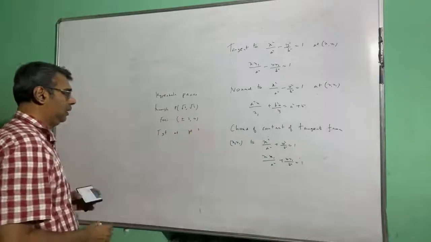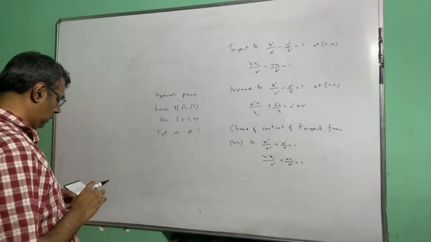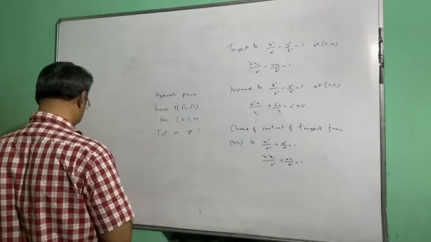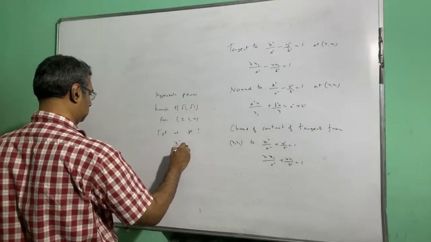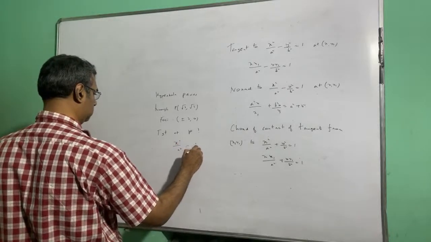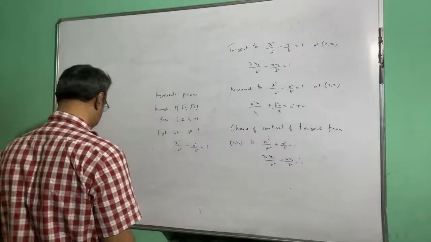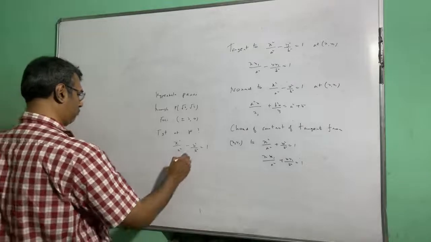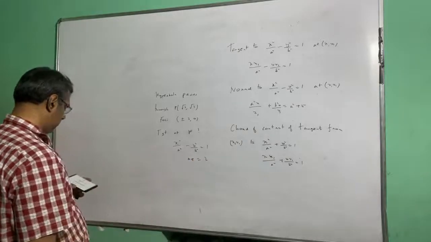So you have to find the tangent at this point root 2 comma root 3. So x square by a square minus y square by b square equal to 1. So ae will be 2.